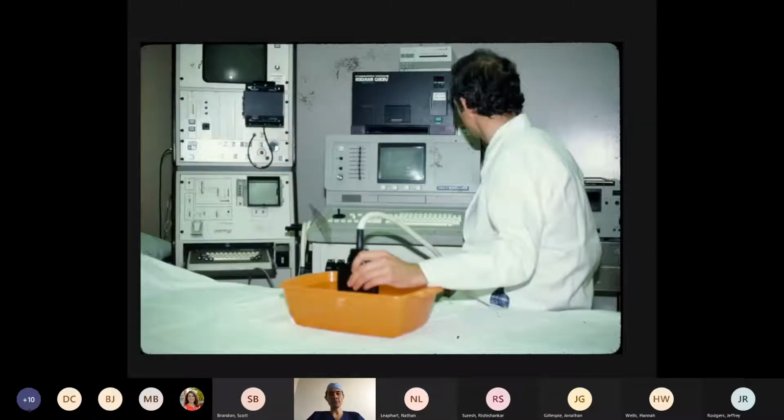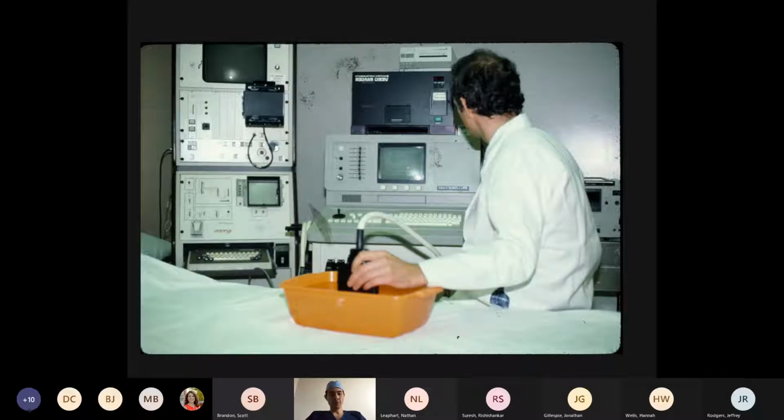Nowadays, the quality of the image is way better than it used to be. At the same time, the amount of radiation delivered to the patient and to the physicians and the staff around in the room is much less compared to what we had in the past. So nowadays we have much better image quality with much less radiation.